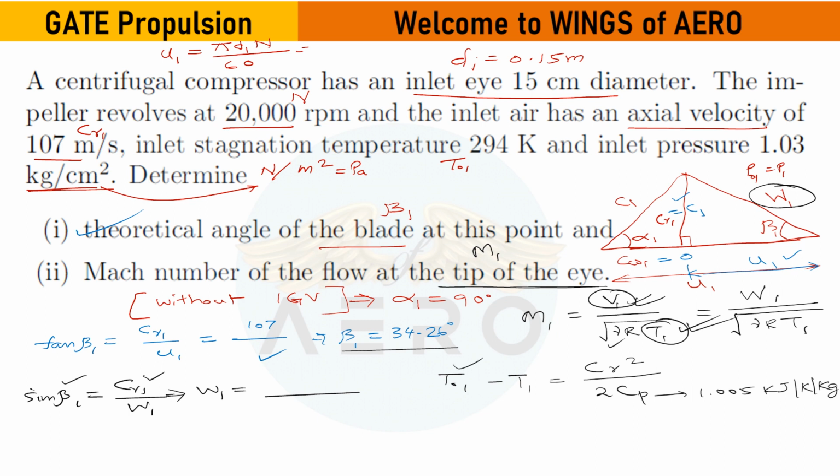T01 is given, Cr is also given. Substitute, you can find T1 in Kelvin, put it back in this equation, and you will get the result for M1.